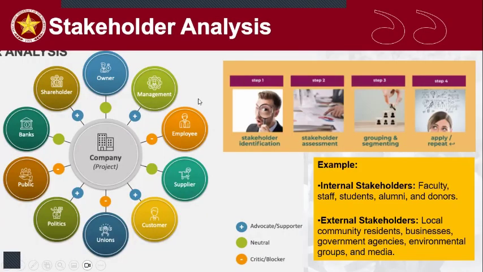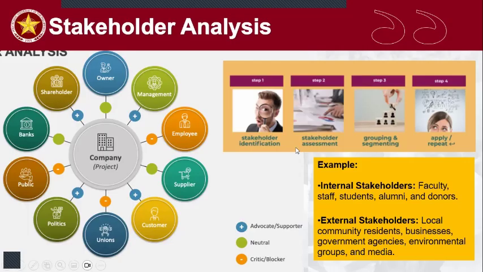So here's a detailed example of the steps in stakeholder analysis. We have stakeholder identification. For example, this is the company or the institution, i.e. the employee, the supplier, the customer, the unions, the politicians, the public, i.e. the banks, the shareholder, the owner, and the management.